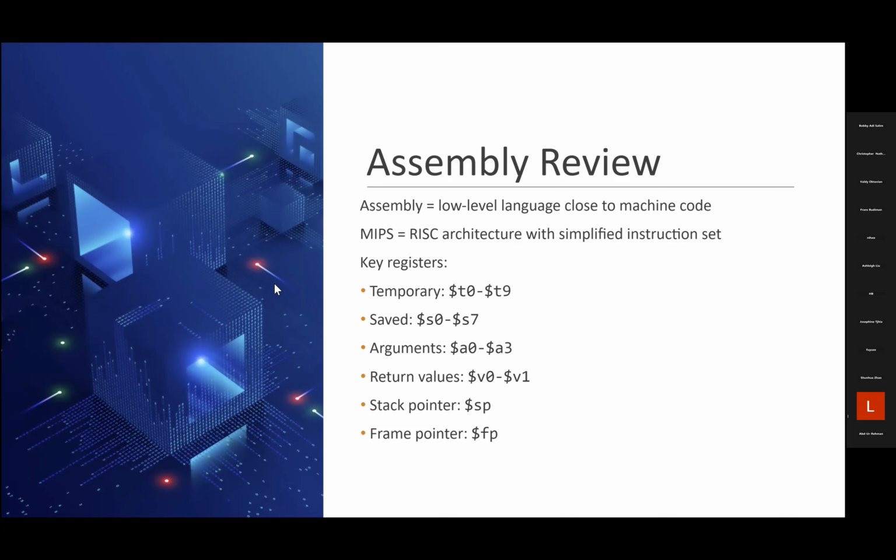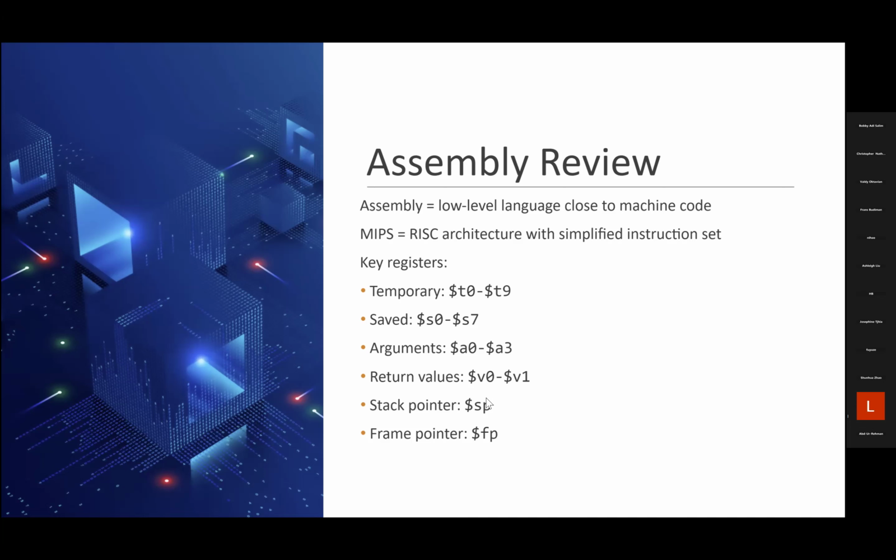When dealing with assembly, at least in this course, you're mainly dealing with these key registers. You have the temporaries, which are T0 to T9, saved registers, which are S0 until S7, registers for our function arguments, which are the A's, the return values, which are the V's, and then the stack and frame pointer.